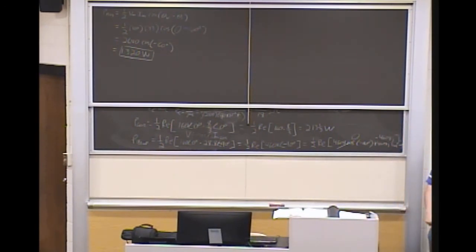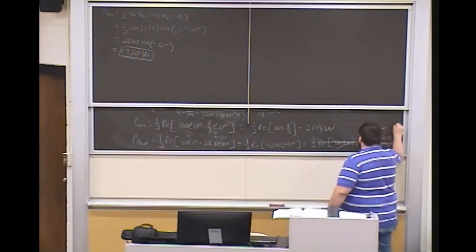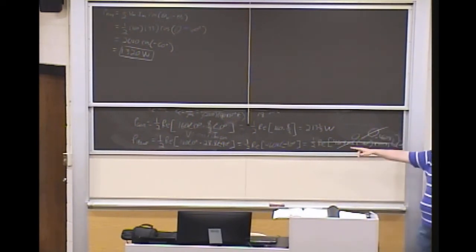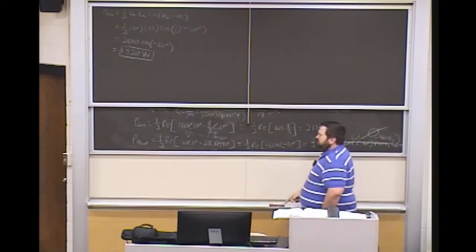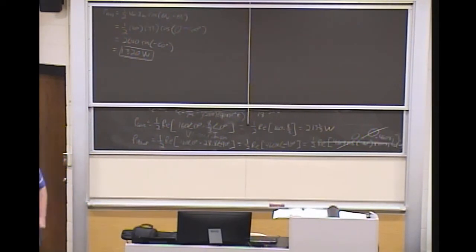What's the real part of negative 4608J? None. 0. So this whole thing goes to 0. So the average power delivered to the 90 microfarad capacitor is 0 watts. Is that what you were saying like earlier with a purely capacitive system? Mhm. It's just 0? Yep.